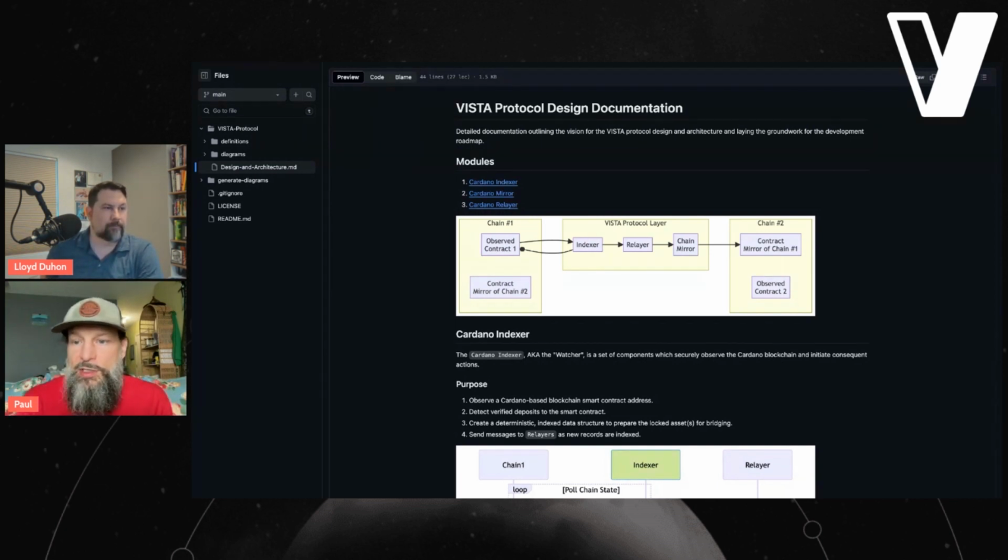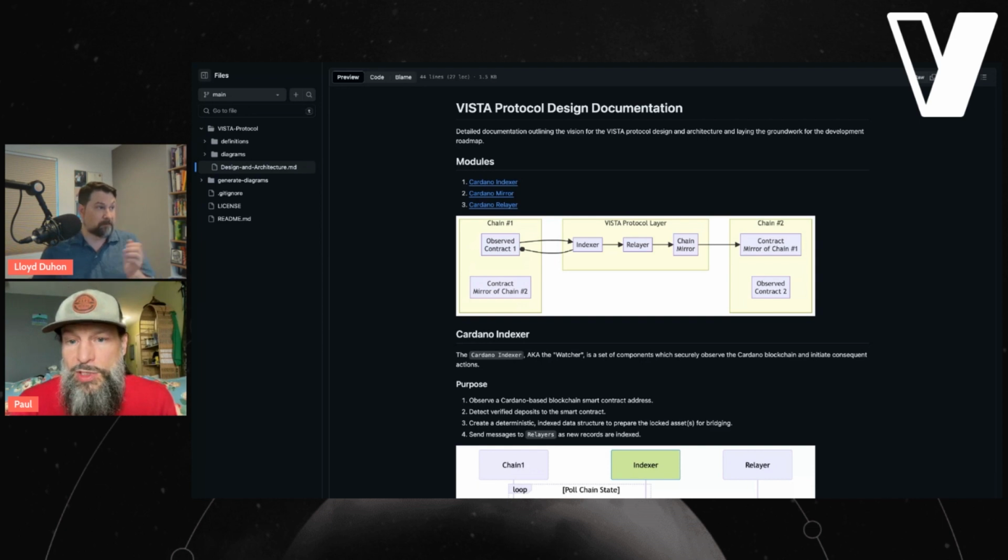Essentially, it's looking to send a message to the chain mirror, but it uses the relayer, and in a modular sense, the relayer can be in and of itself a consensus layer that can work with any indexers and any chain mirrors.